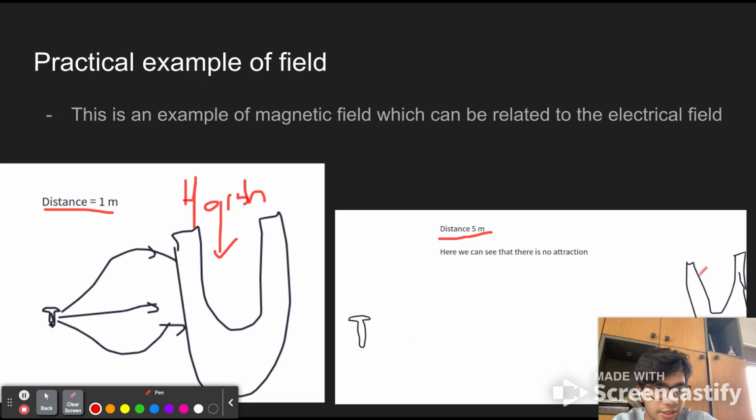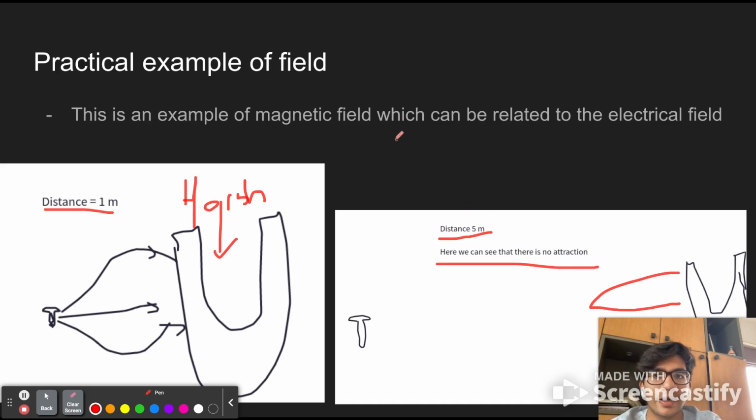Since the distance between the magnet and the iron nail is 5 meters, we can see that there is no attraction. This suggests how the magnetic field is affected, and how the force of attraction will only be applicable if the iron nail is within the radius of influence, or else it will not be impacted.